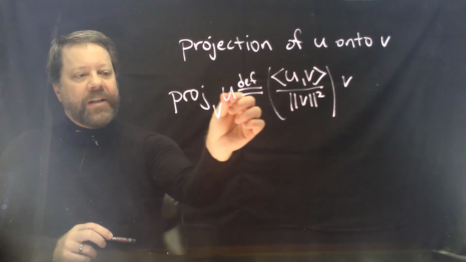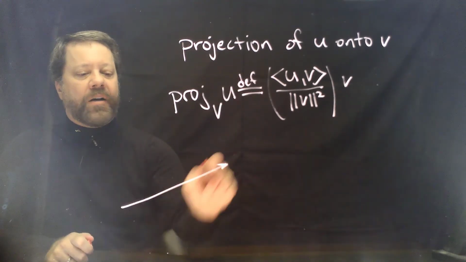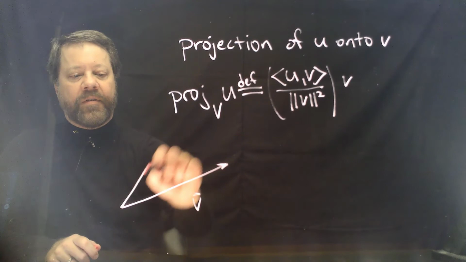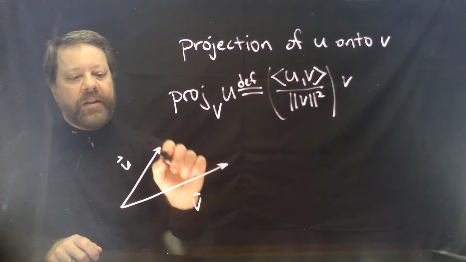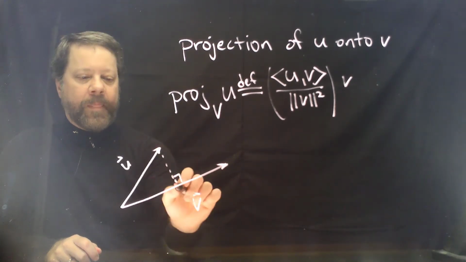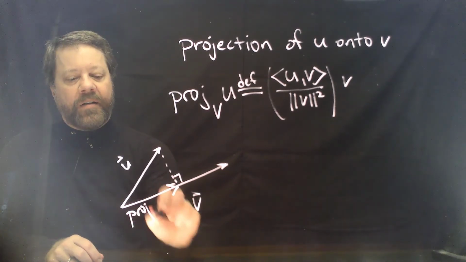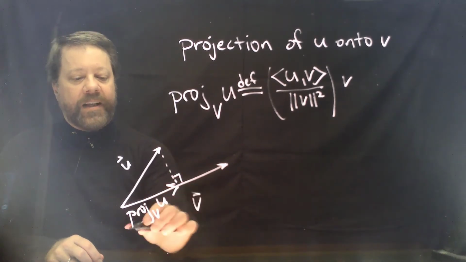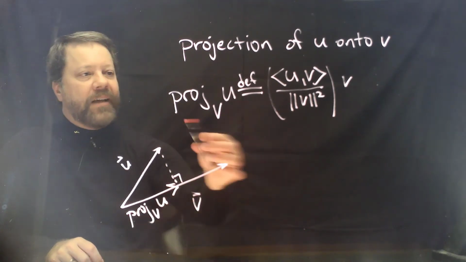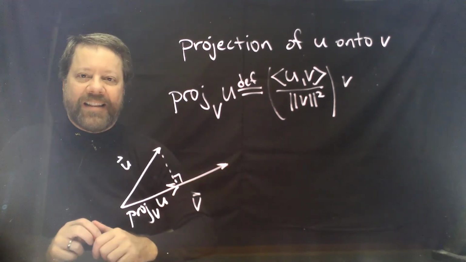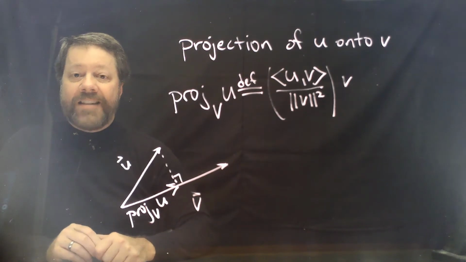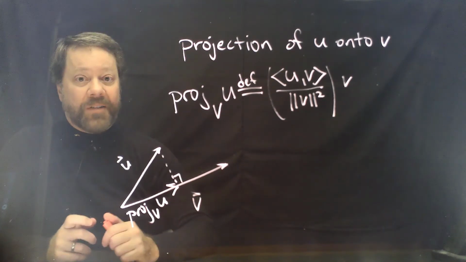So we're projecting u onto v in an orthogonal way. The projection of u onto v ends up down here, and this is exactly how you calculate that. We're going to do that in these infinite dimensional vector spaces as well. You might recall something called the orthogonal complement.